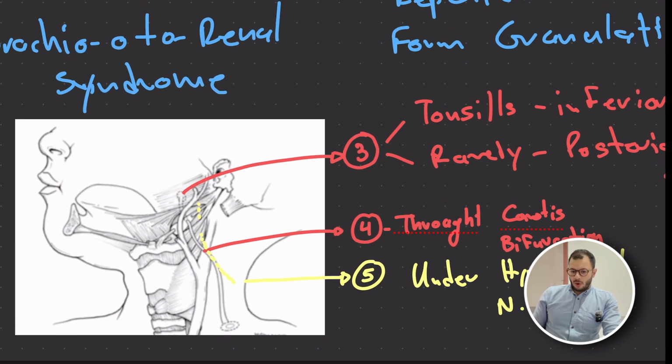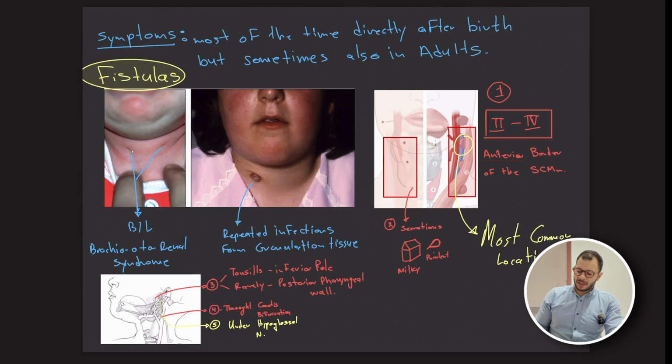Now, of course, a very typical association of these fistulas will be also the bifurcation of the common carotid artery. You will see it running over the common carotid artery. So a fistula formation of a brachial cleft cyst runs over the bifurcation of the carotids and then under the hypoglossal nerve. Just keep that in mind.